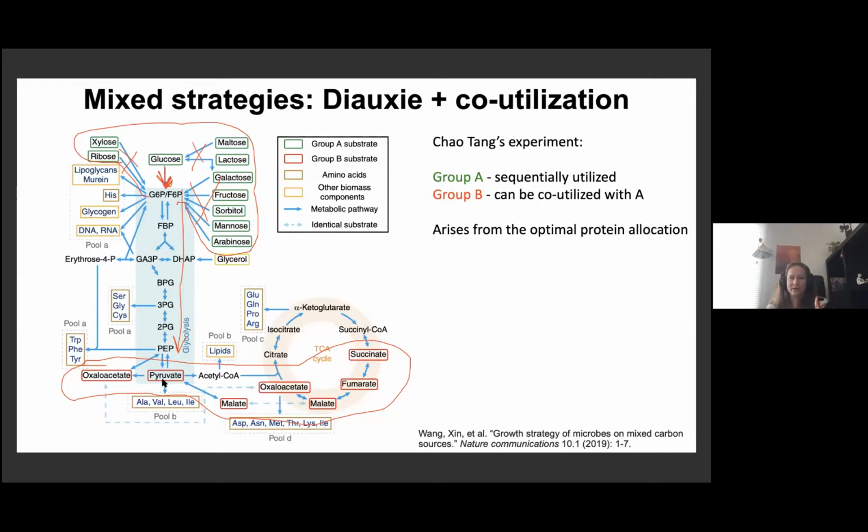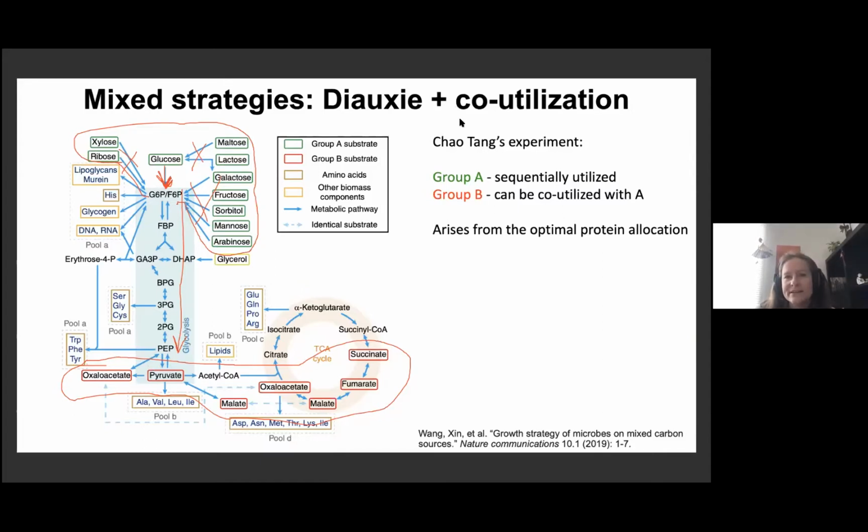Because they're all synthesized from this glycolysis, and if you also provide them in the media, it's possible to boost this whole metabolic cycle even more. So they did some experiments, and they confirmed that indeed microbes will switch between those sugars, but if you supply sugar with some downstream metabolite, they will be co-utilized.